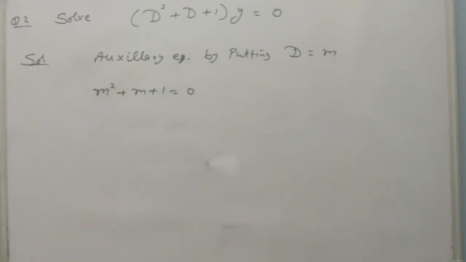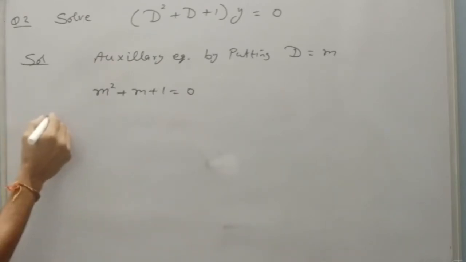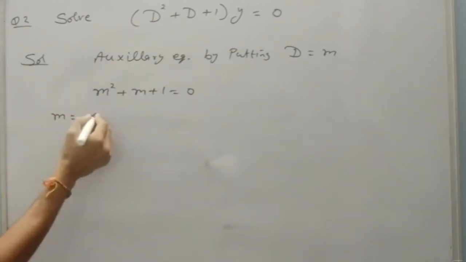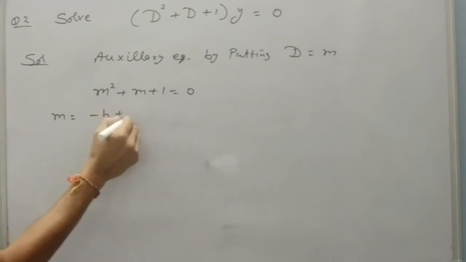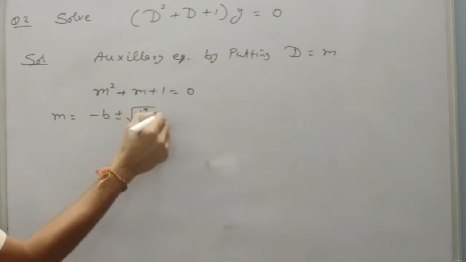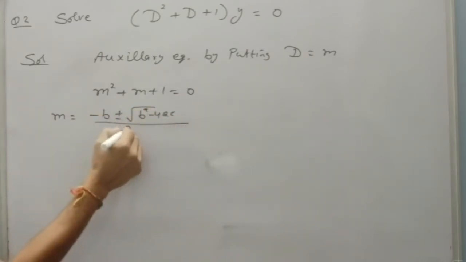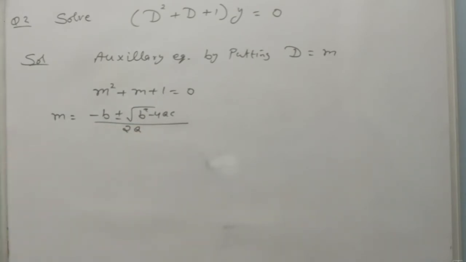As we know, it is a quadratic equation, so we can use the Sridharacharya rule, or you can say the quadratic formula. By the quadratic formula we can say m will equal minus b plus minus under root b square minus 4ac upon 2a. If you don't remember that, then I write here.